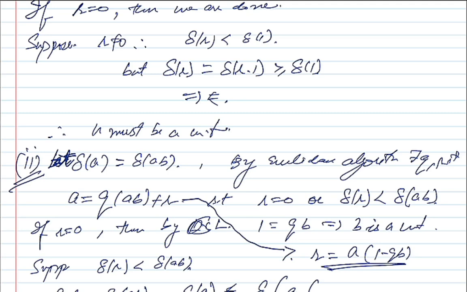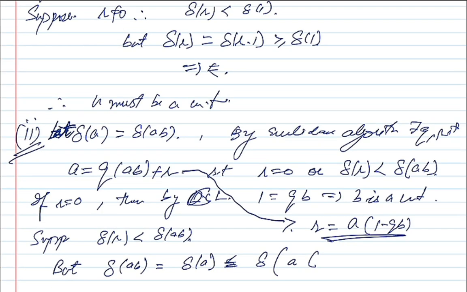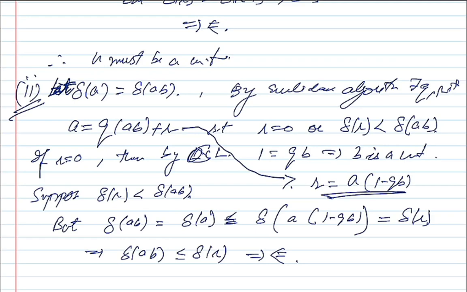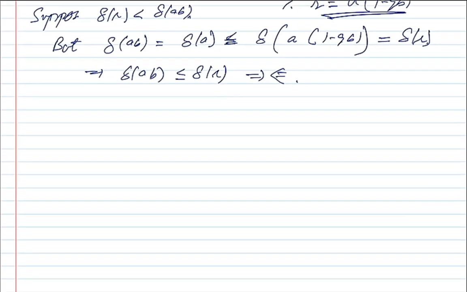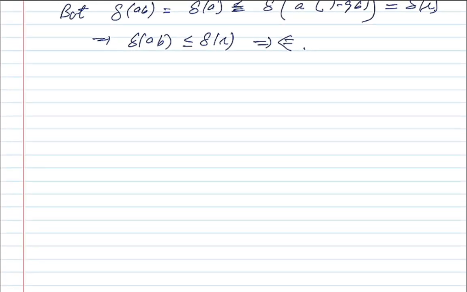So we make this r. Delta of AB is equal to delta of A, which is less than or equal to delta of A into 1 minus qB, which is equal to delta of r. So you will get delta of AB is less than or equal to delta of r. Again a contradiction, because you supposed that delta of r is less than delta of AB. The contradiction comes here. So B must be a unit.